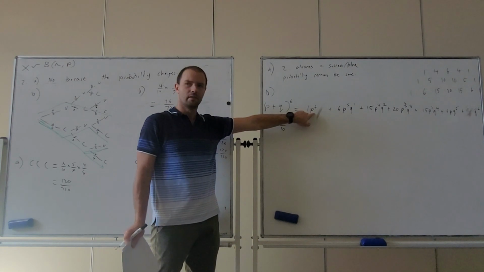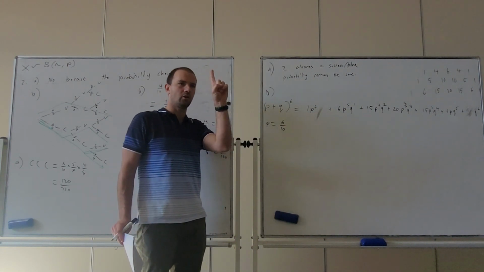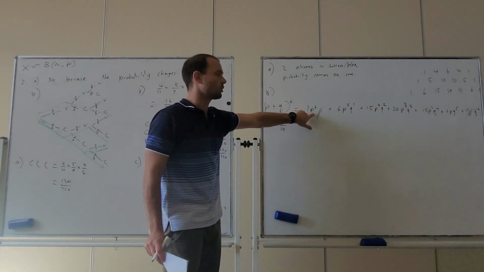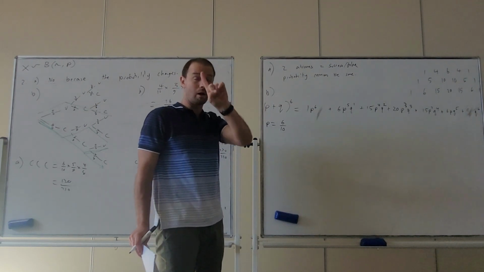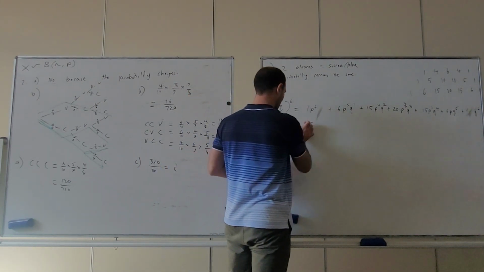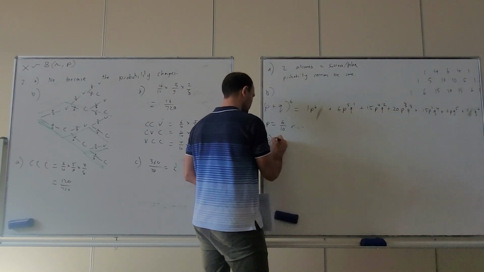So what's the event that corresponds with 6 successes? It's this one here. Remember that number out the front? There's only one way it can occur: you get a chocolate bar, and then a chocolate bar, and then another one, and another, until you've got 6 chocolate bars all in a row. There's only one way that can happen. So let's answer part C, part 1.